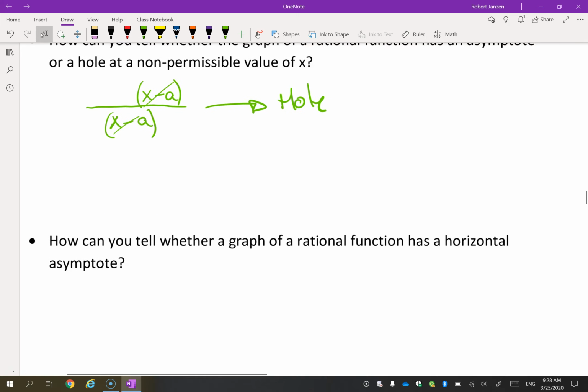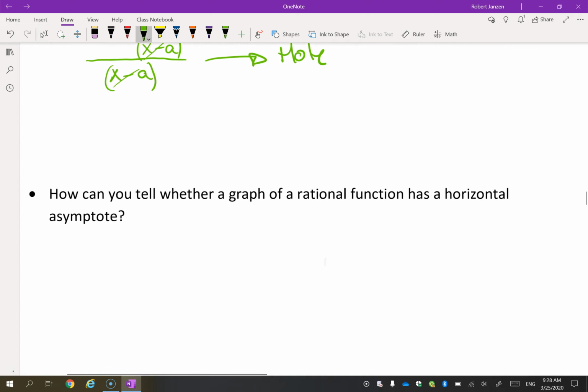Okay, and then how can you tell whether a graph of a rational function has a horizontal asymptote? There's actually 3 possibilities here, 3 things that could happen. We'll get into this a little bit more specifically in the next lesson, but there could be a horizontal asymptote at y equals 0. This is what we had every single time last year.